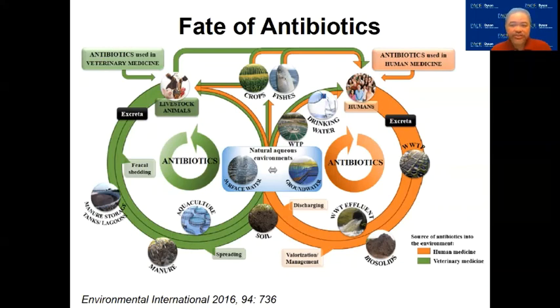We could start with antibiotics used either in human therapy or in veterinary medicine. What happens when humans use them is that only a portion of it is absorbed by the body.